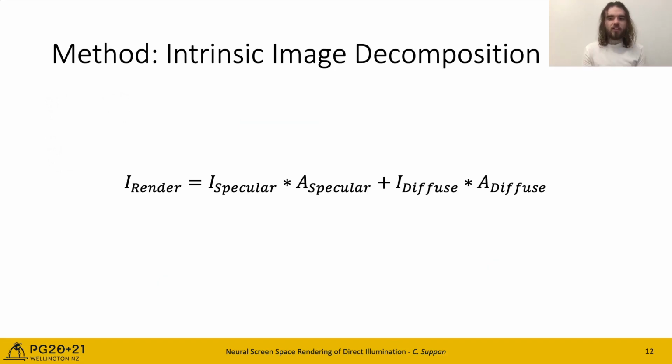The insight that allowed us to achieve this was to use the intrinsic image decomposition. Instead of trying to directly render the final image, we instead render shading maps and then combine them with albedos to produce the final image. This image formation model allows us to eliminate a known operation, the multiplication with albedo, from the learning task. Because albedo is separated from shading, our method is fundamentally limited to direct illumination only.